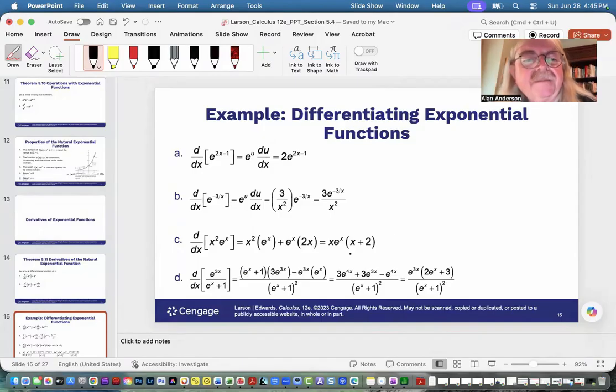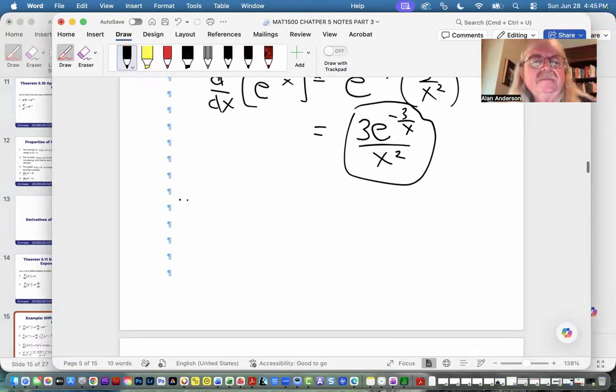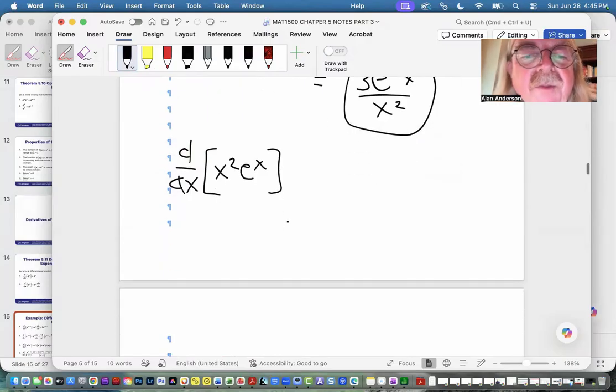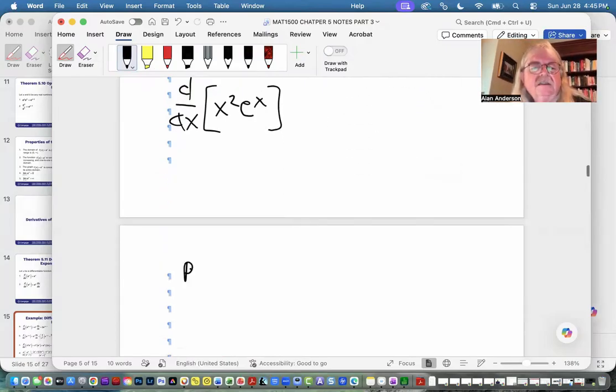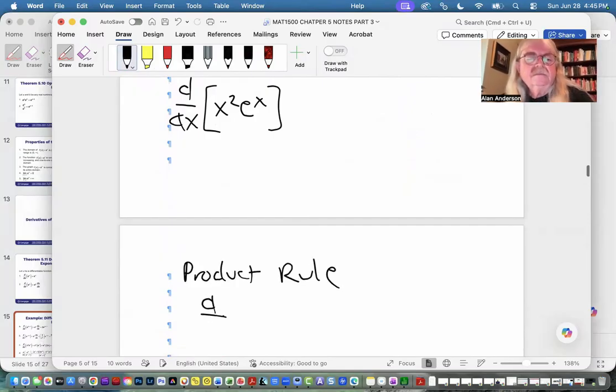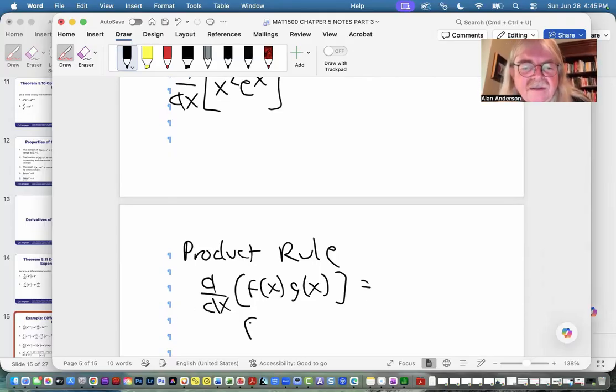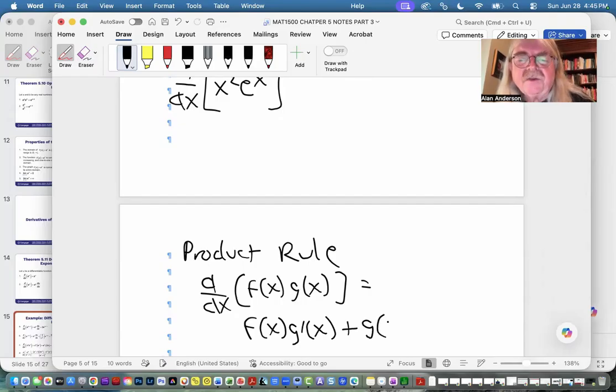All right. Now, what about, see, now this one requires the product rule. So we have to keep an eye on it. What do we have? x squared e to the x. All right. So let's just quickly refresh our memories about the product rule. It's the first times the derivative of the second plus the second times the derivative of the first.